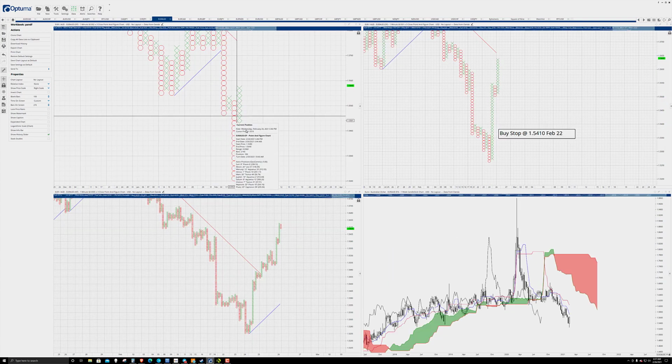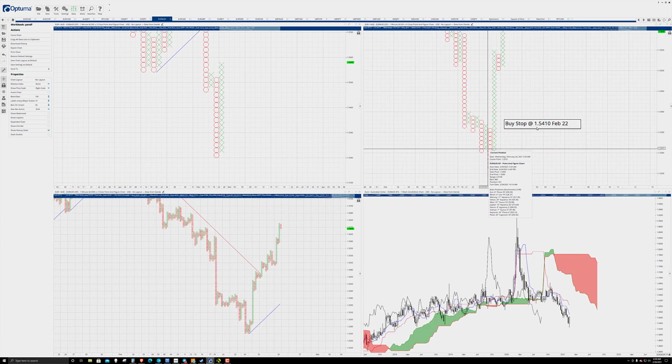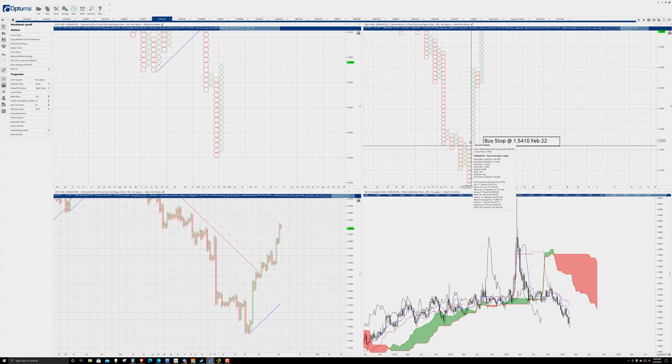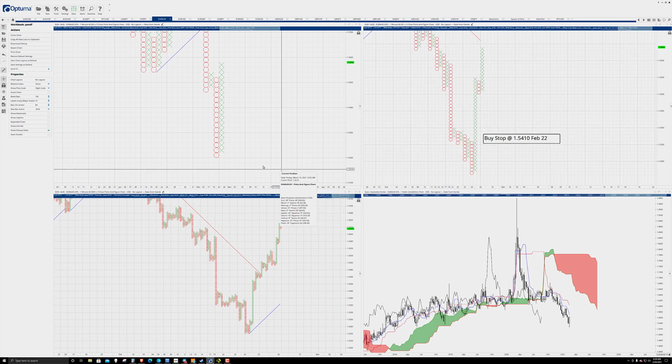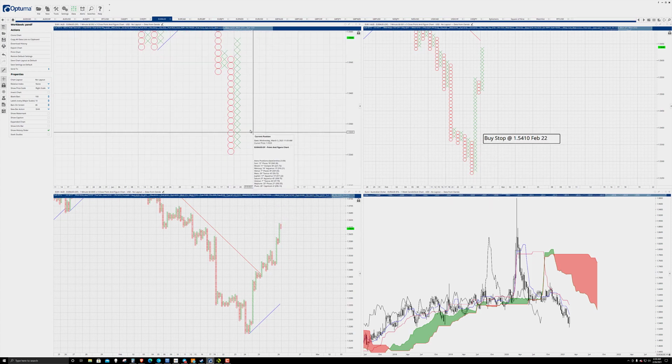Euro Aussie. This one has also been a really nice mover. We looked at this trade idea back on the 22nd, looking to go long at 54.10. That actually dropped down to 53.80 was the entry. Or we also looked at just waiting for the 3-box reversal on the 20 pip chart.